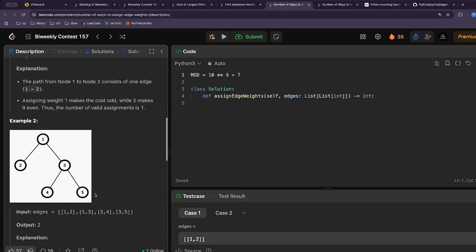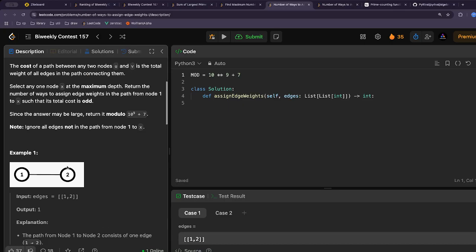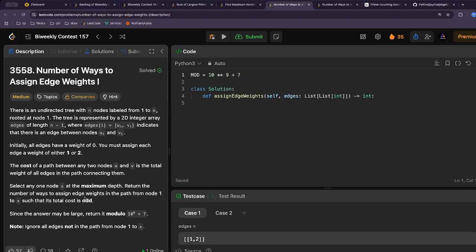Because, so yes, you have to realize the only thing that matters is the length of the path from the root to the node at maximum depth, that's going to be the height of the tree, right?